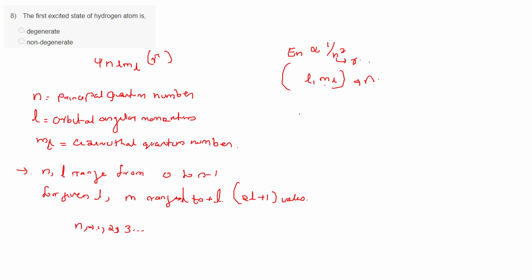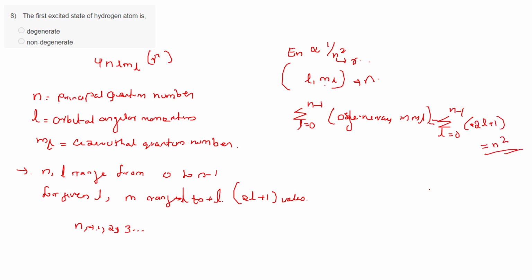Hence the degeneracy for a particular n value, with l from 0 to n minus 1, is the summation over l equals 0 to n minus 1 of 2l plus 1, that is nothing but n square.